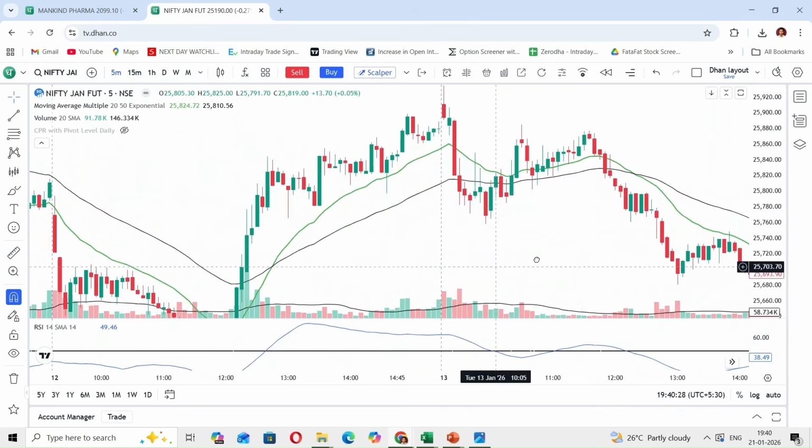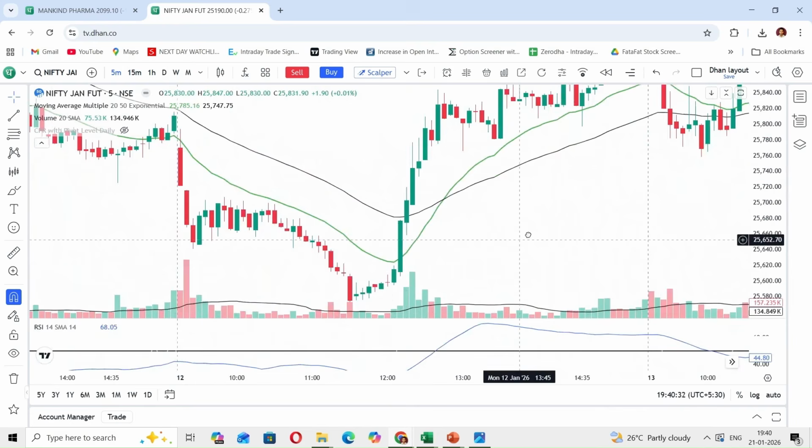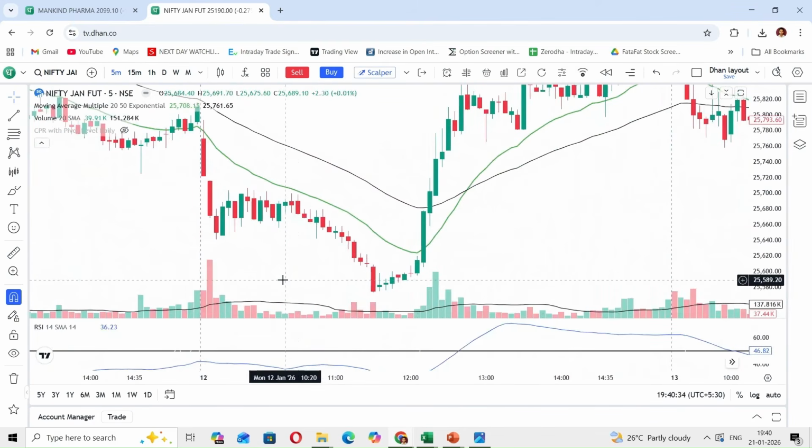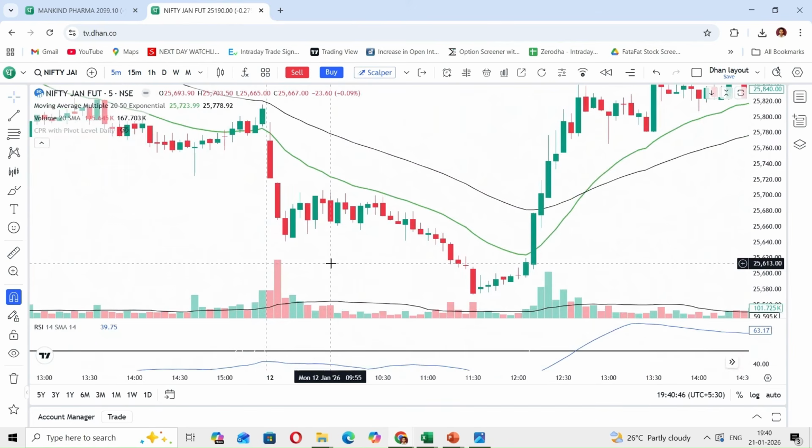Okay. So where is the setup? Let's check out. Yes, here is the setup formed, right? First candle, second candle, third candle. The red candle has the highest volume. So I will take a trade at the low of this particular candle. High will be the stop loss.